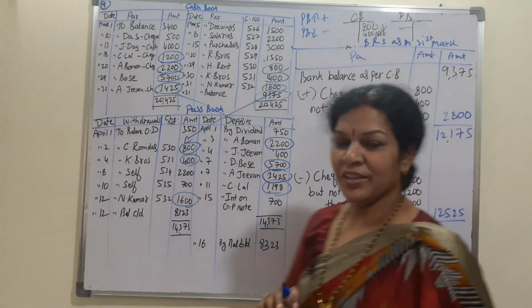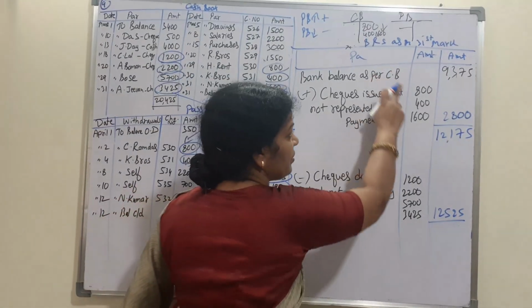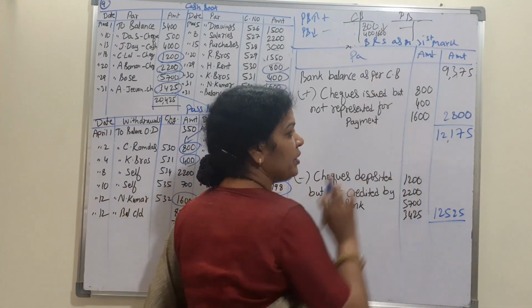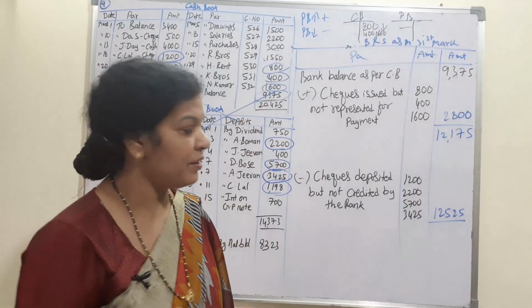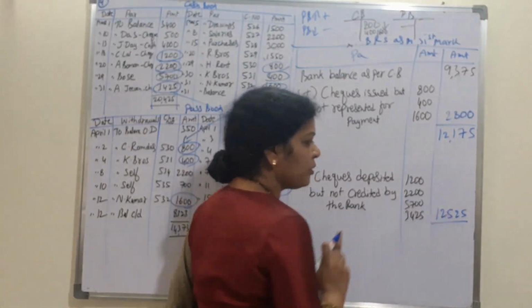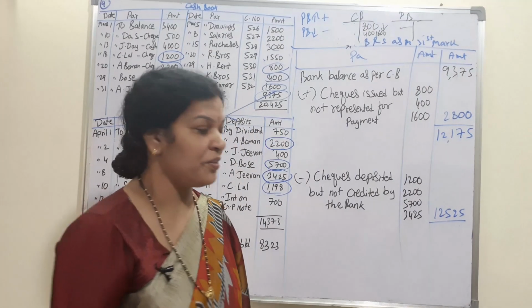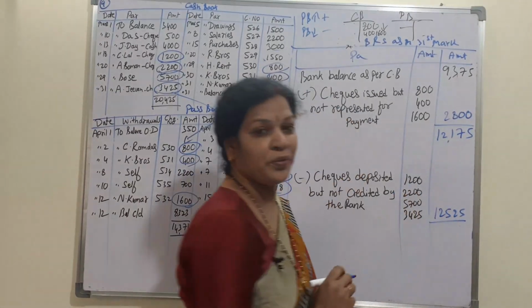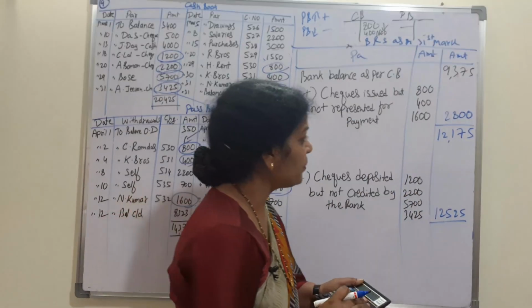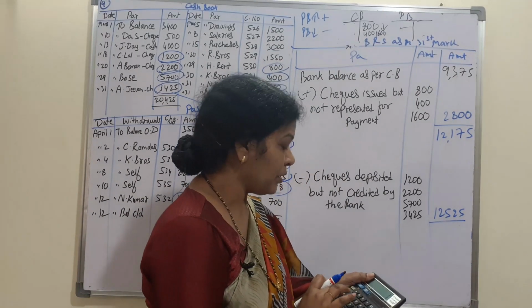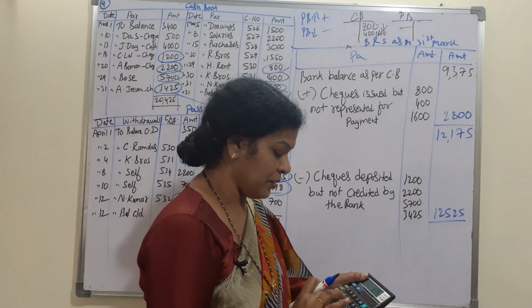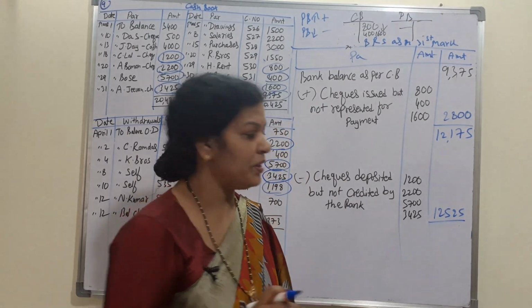Now if you see debit side, added items, if you add, you are getting 12,175. Deducted items are 12,525. This is more. So 12,525 minus 12,175, you are getting 350.